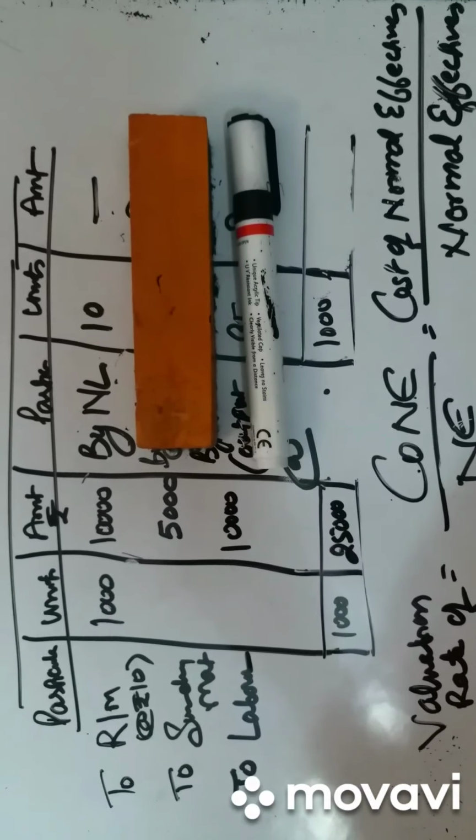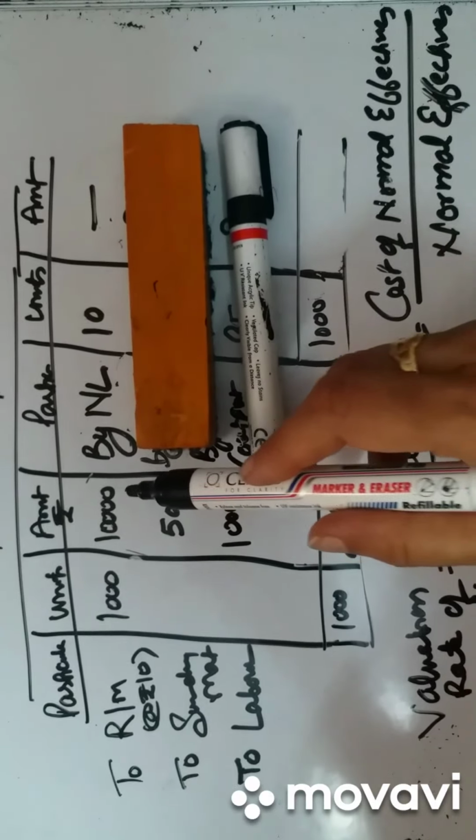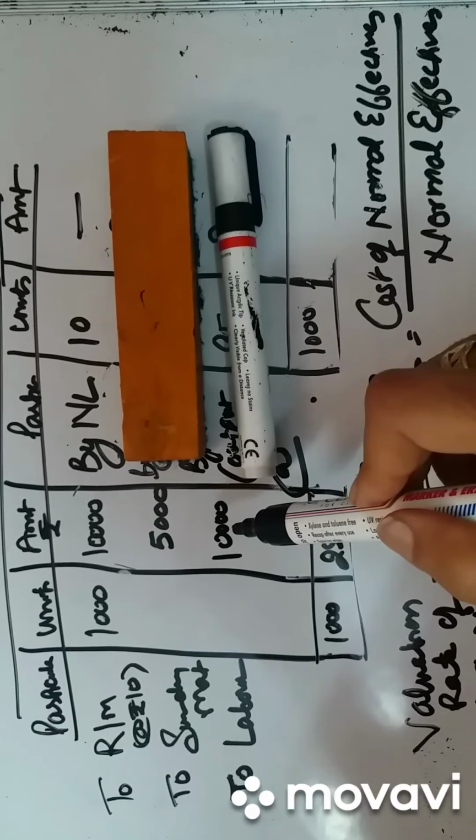of normal effectives. Just see what is visible, 10,000 plus 5,000 plus 10,000.